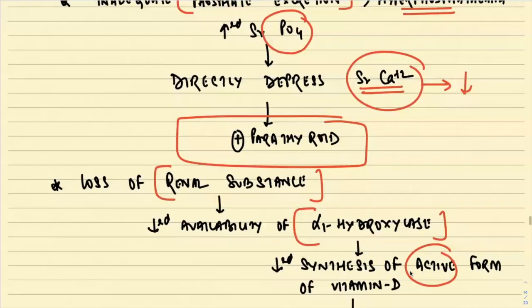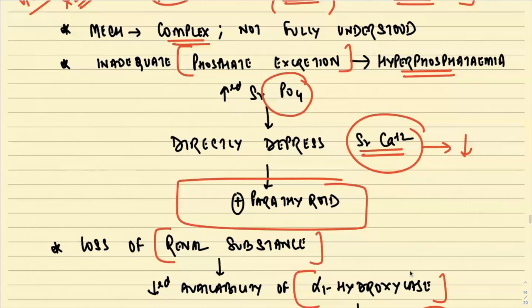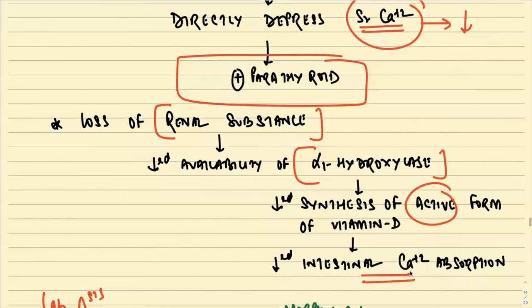So these are the two hypothesized mechanisms, and questions are asked on the basis of this only. The basic mechanisms of secondary hyperparathyroidism are hyperphosphatemia and decreased or loss of renal substance, or decreased synthesis of alpha-1 hydroxylase, or decreased synthesis of the active form. Any of these options will be there in the MCQs.